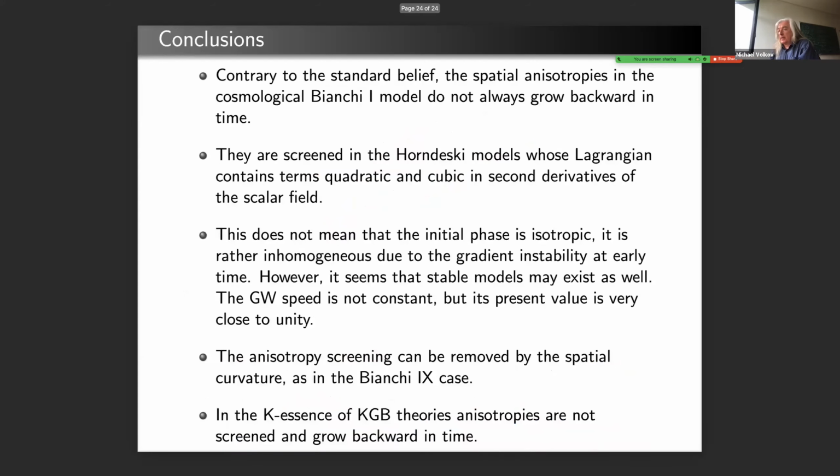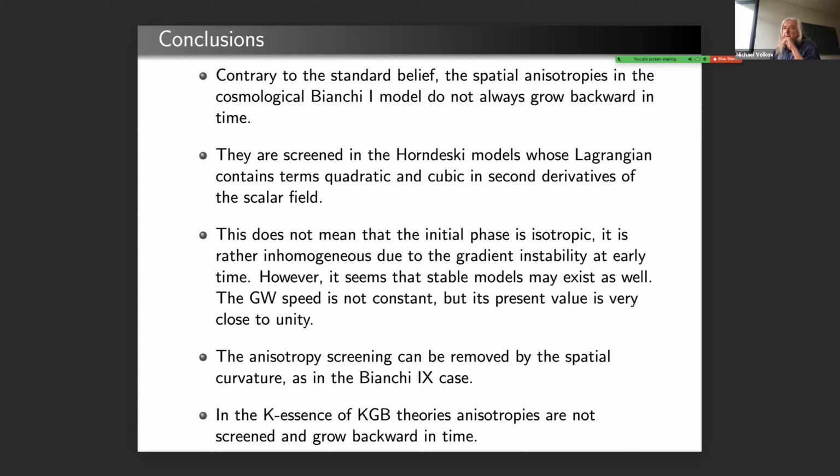And finally, here are our conclusions. We conclude that anisotropies are not always damped in all models. They are screened in Horndeski models whose Lagrangian contains quadratic and cubic terms in the second derivative. This doesn't mean that the initial space of the universe is isotropic. It's rather inhomogeneous.